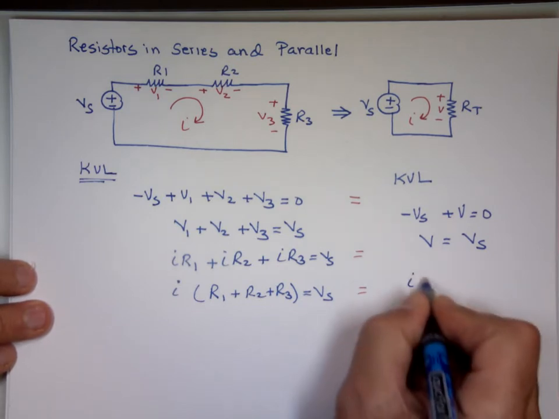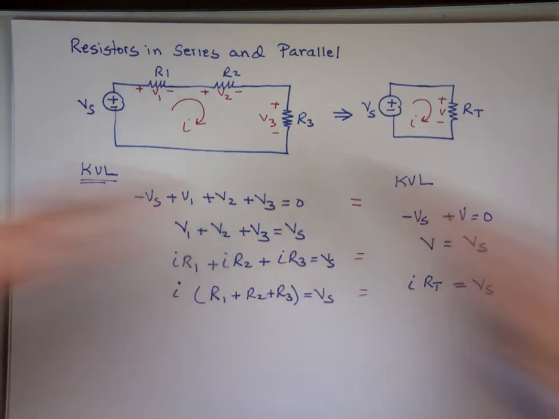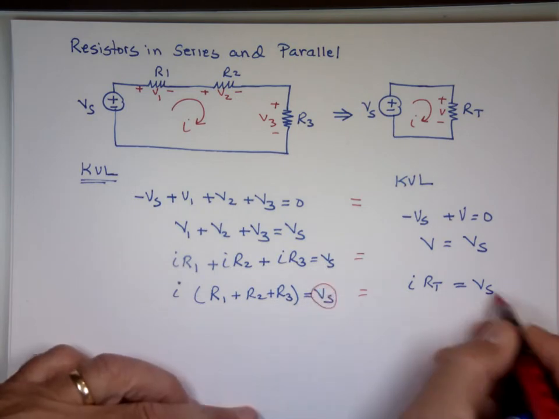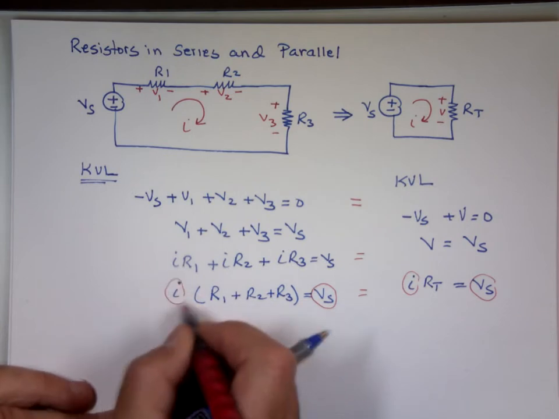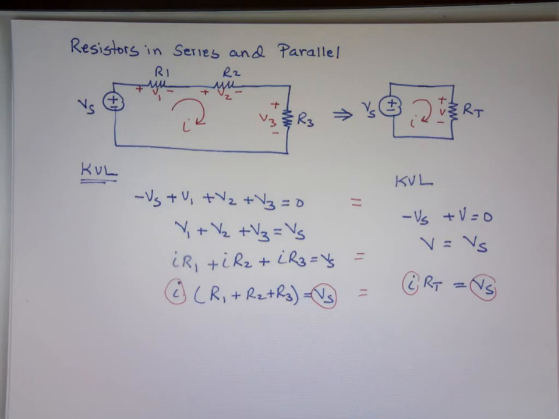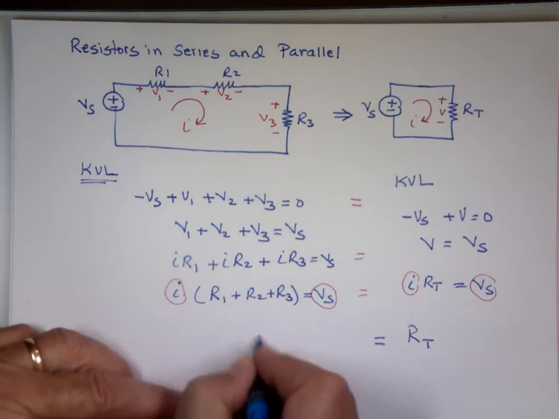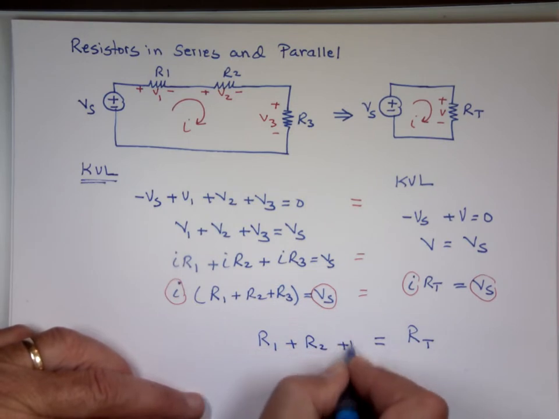I times R sub T, right? Since you want these circuits to be equal, that means this piece has to equal this. This current has to equal this. The only way the two of them will equal each other is if what? If R sub T equals R sub 1 plus R sub 2 plus R sub 3.